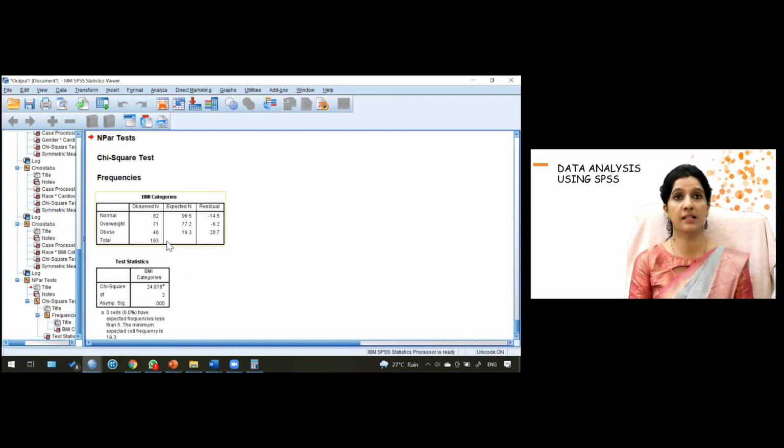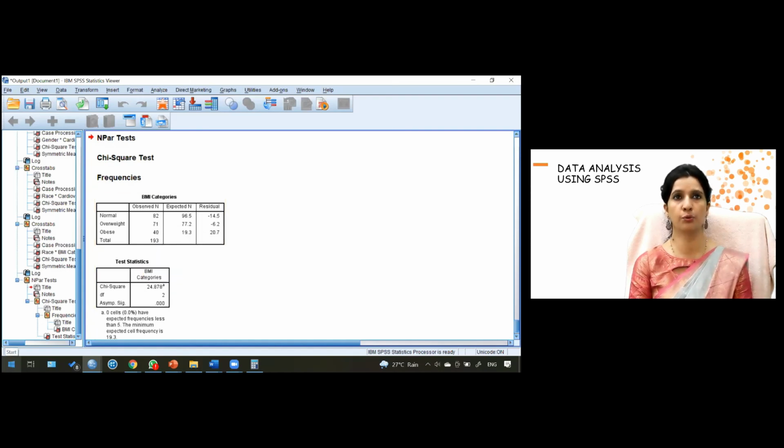Now this doesn't give you the percentage, so you need to calculate the percentage. This is the 50, 40 and 10, but these percentages you need to calculate: 82 out of 193, 71 out of 193 and 40 out of 193. You can calculate it on the calculator.